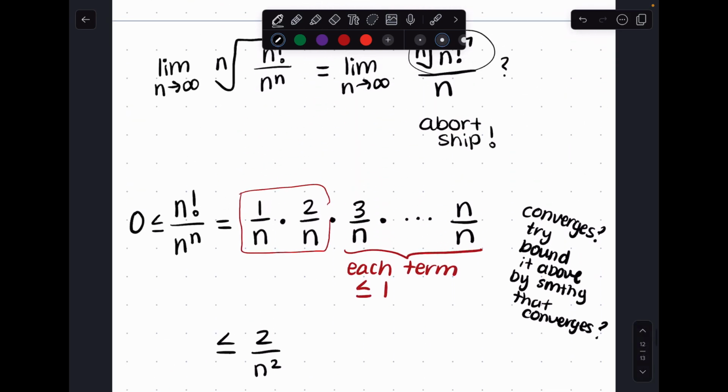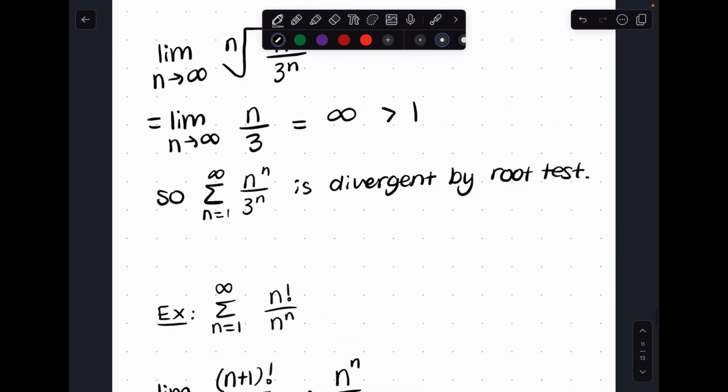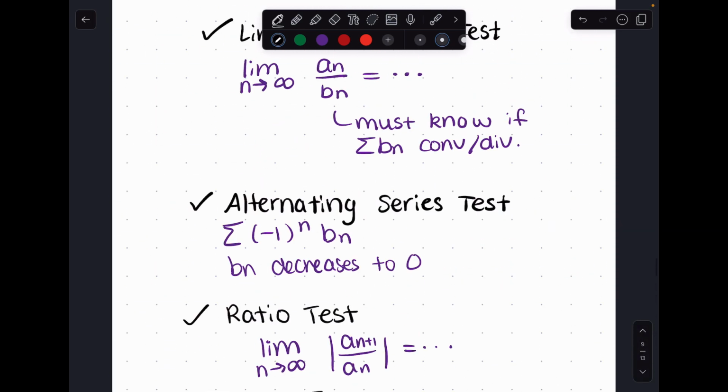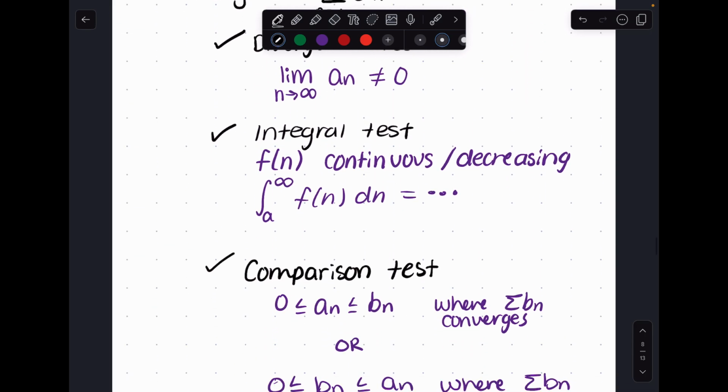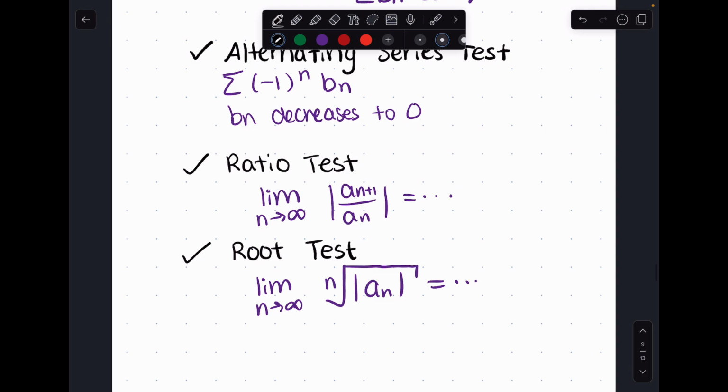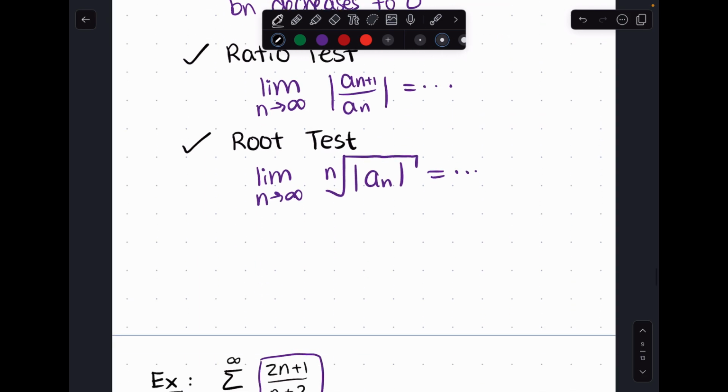Now, there's one more thing with series that I did not mention up here originally with these different tests we can use, and it is absolute convergence.